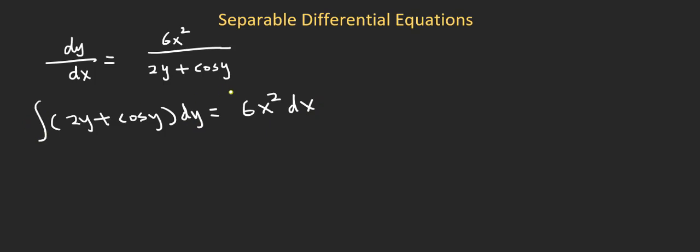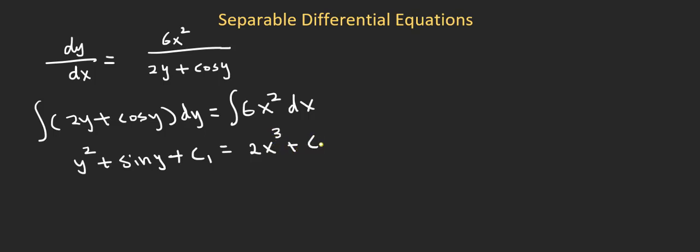Now we're going to take the integral of both sides. So you end up getting y squared plus sine y plus c1 equals 2x cubed plus c2.